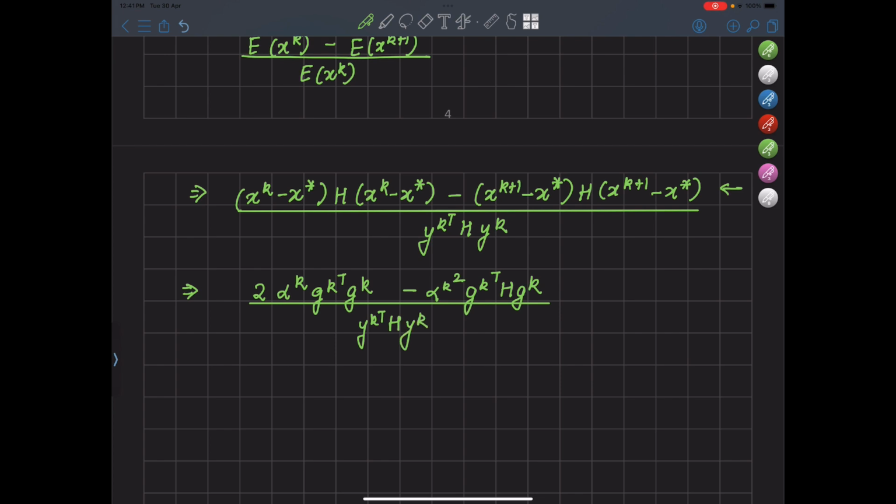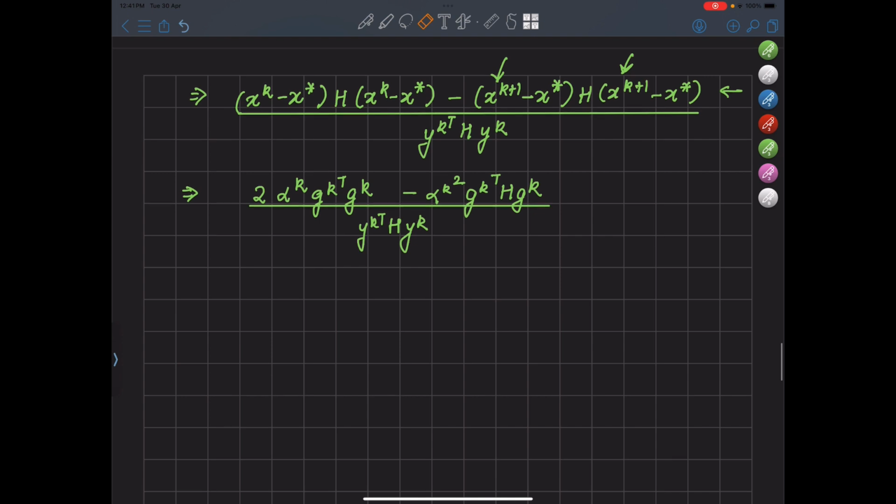Alpha k came from putting in the value of xk plus 1, and the rest of the things get subtracted, because xk plus 1 has xk in it, and alpha k gk minus alpha k gk.